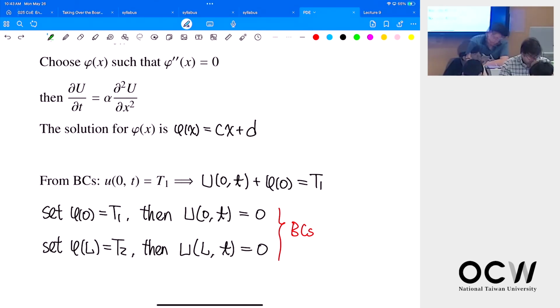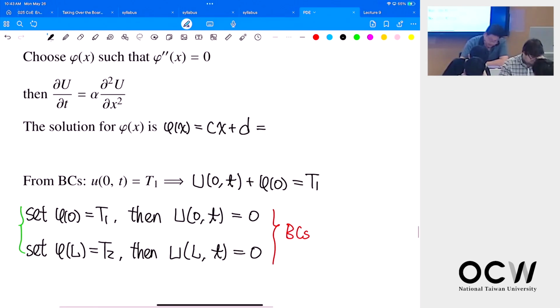Based on that, this could satisfy the boundary conditions. There will be 1 over L times (T2 minus T1) x plus T1.